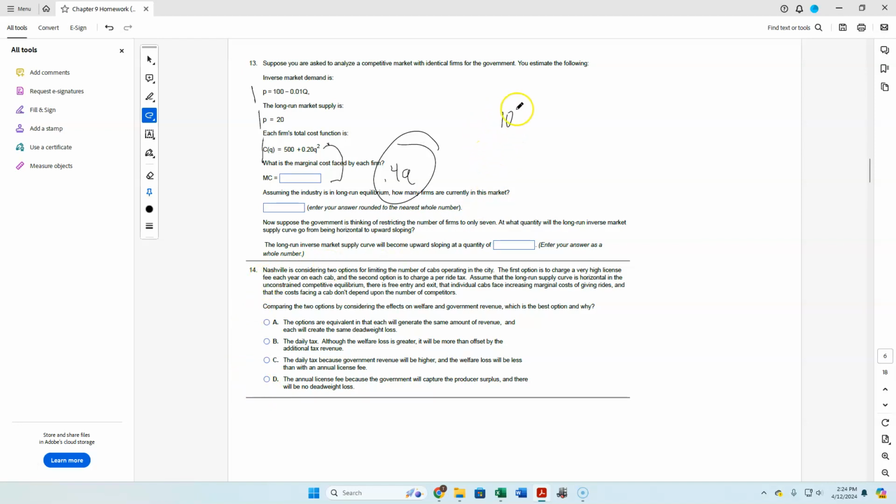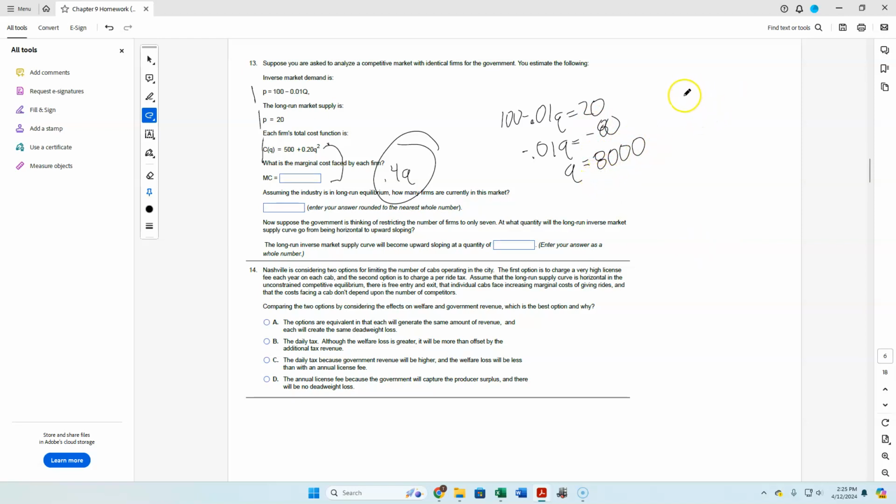So to get that, we're going to have to set the, okay, so negative 0.01Q equaling negative 80. Yes, I know I could just, don't want to make a mistake here.